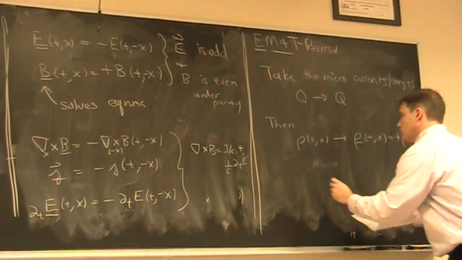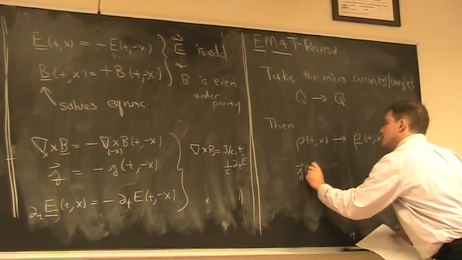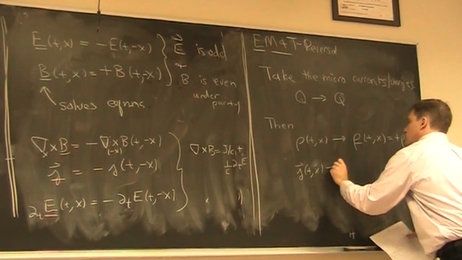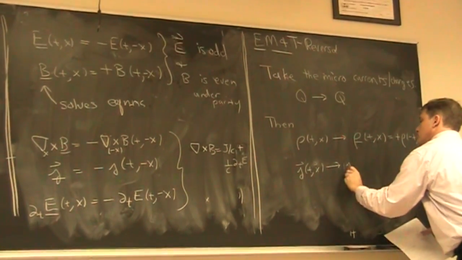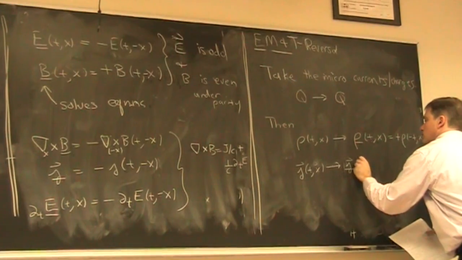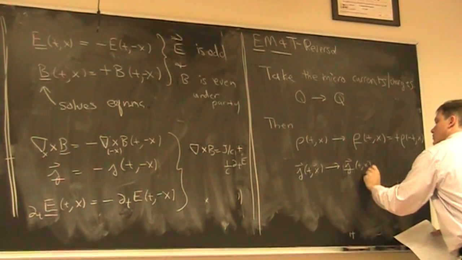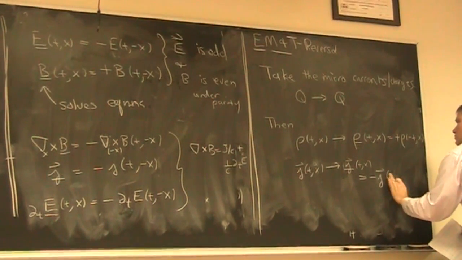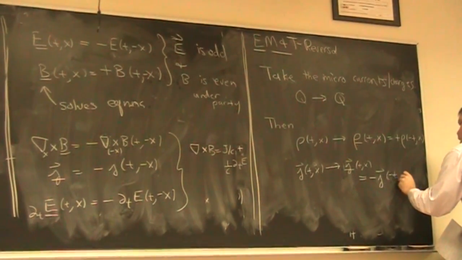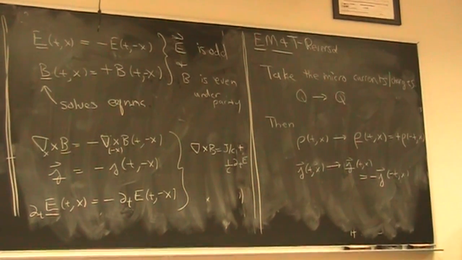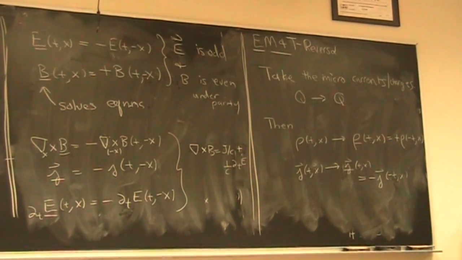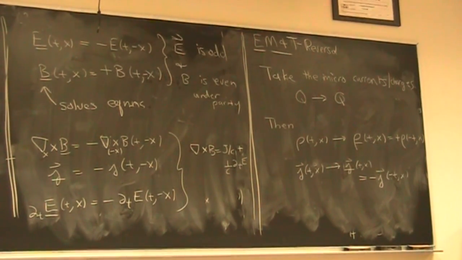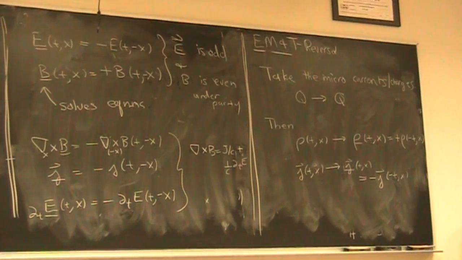And similarly, we consider a new current, J of t, x. It goes to some new current, J bar of t, x, which is related to the old one by time inversion. So, go back here.